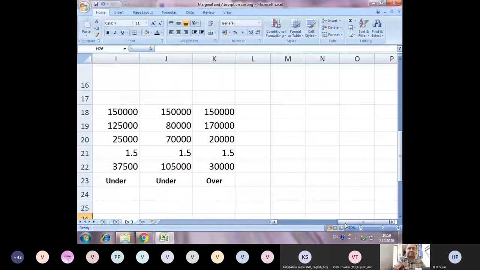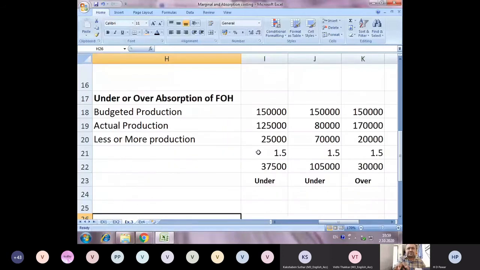So here there is less production and more production. If less production, it is under absorption. More production means over absorption. So 25,000 into 1.5, 70,000 into 1.5 and 20,000 into 1.5. So here under and over in the 3 years.